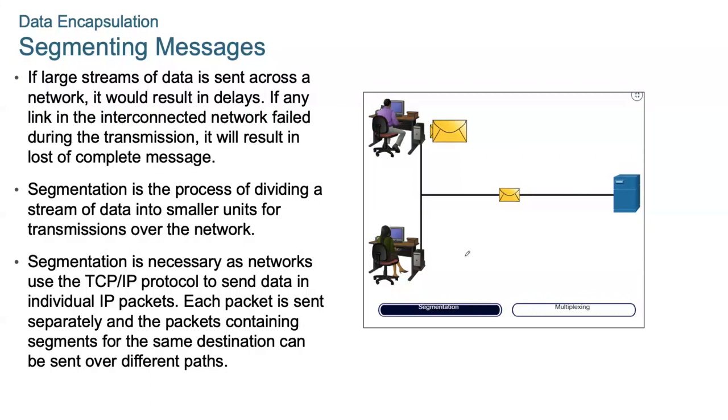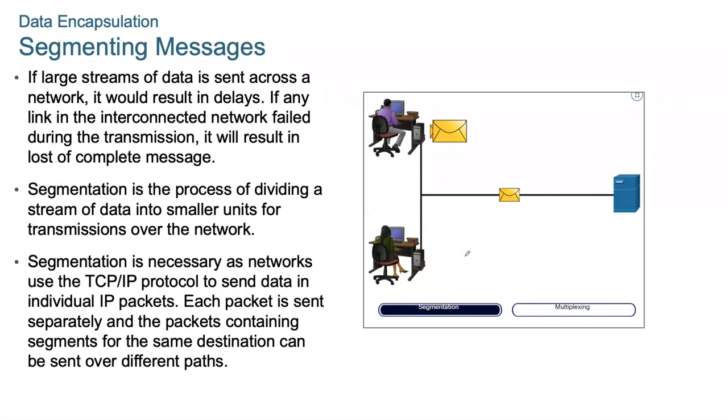Knowing the OSI reference model and the TCP/IP protocol model will come in handy when you learn how data is encapsulated as it moves across a network, from ISP1 to ISP2. It is not as simple as a physical letter being sent through the email system.